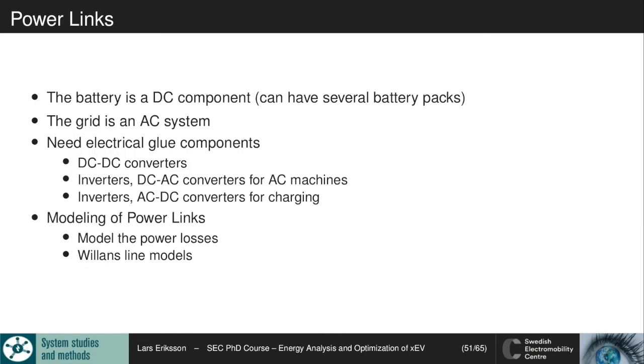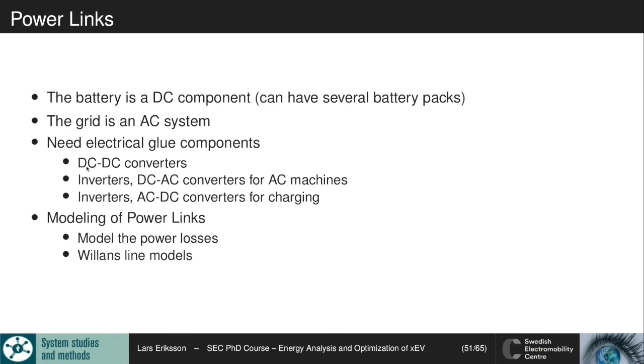So, power links. The battery is a DC component, and we can also have several battery packs that can have a different state of charge. The grid that we're using to charge the vehicle is an AC system, so these are incompatible. We cannot just connect them to each other, so we need electrical glue components.